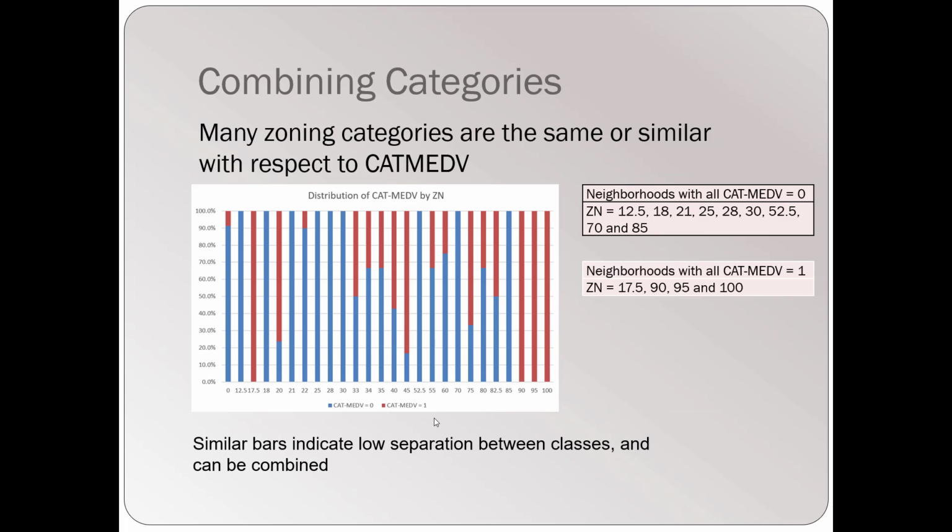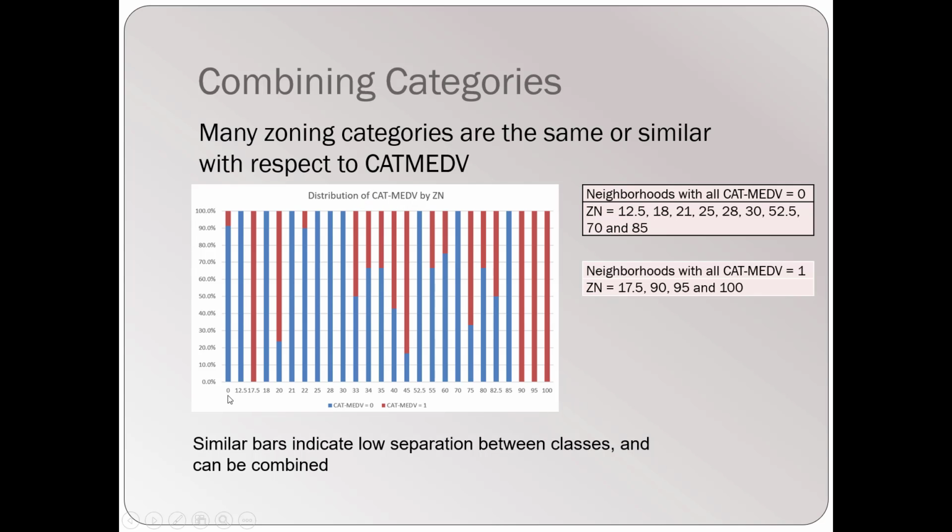So here is a way of figuring out which categories can be combined. We look at an Excel example. We'll go through this in another exercise, where we have zoning data, ZN, converted into a distribution chart, where each value is plotted from 0 to 100%, and the distribution is cat med v.